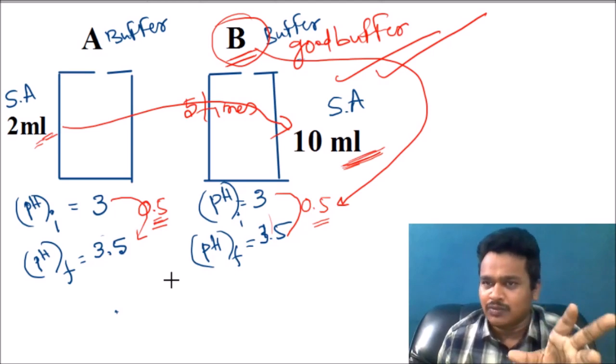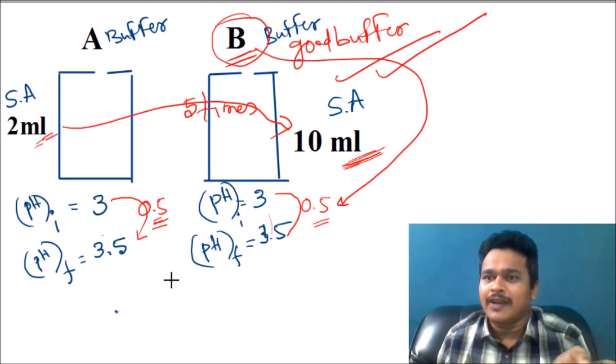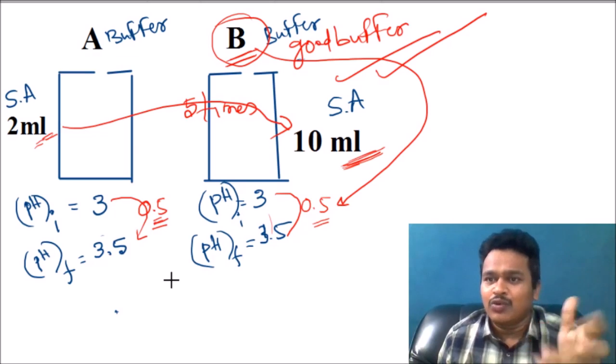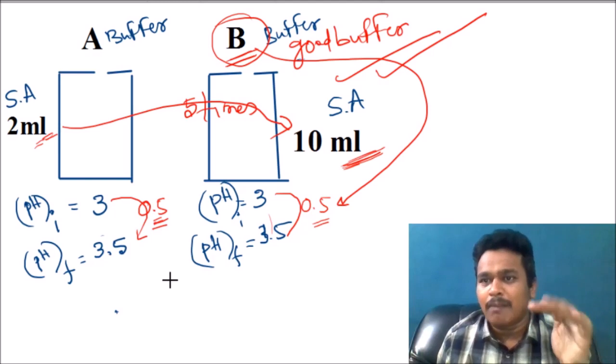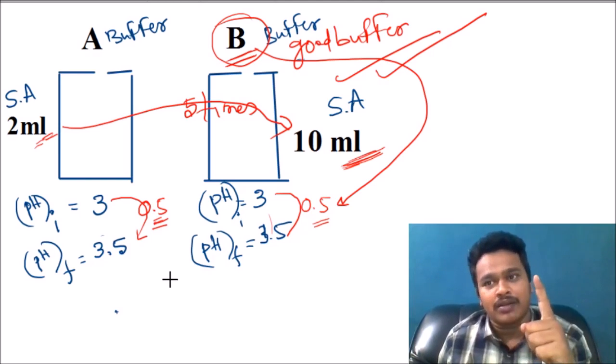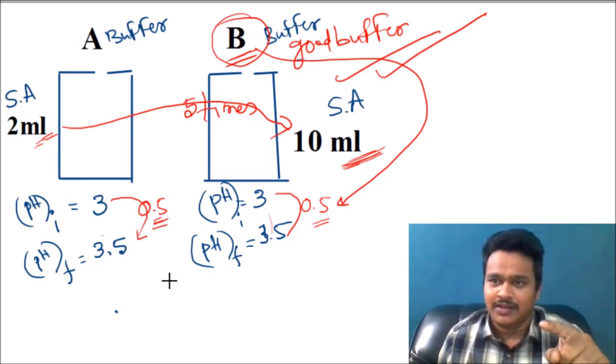Then only I can identify who is best. For each student, we should not give a different question paper to compare their abilities, their capacities. So always I am giving one paper. One paper will decide.